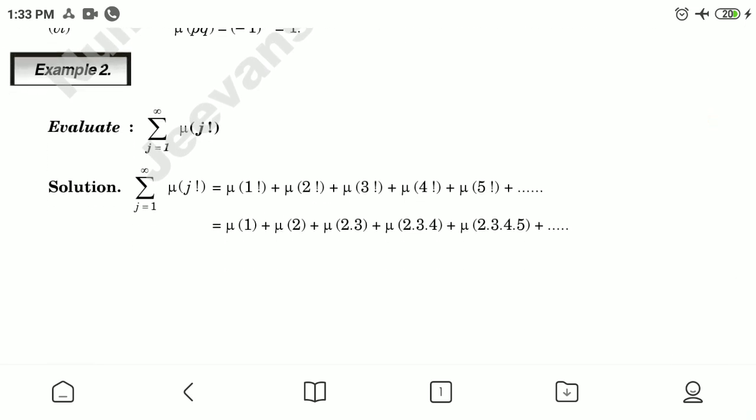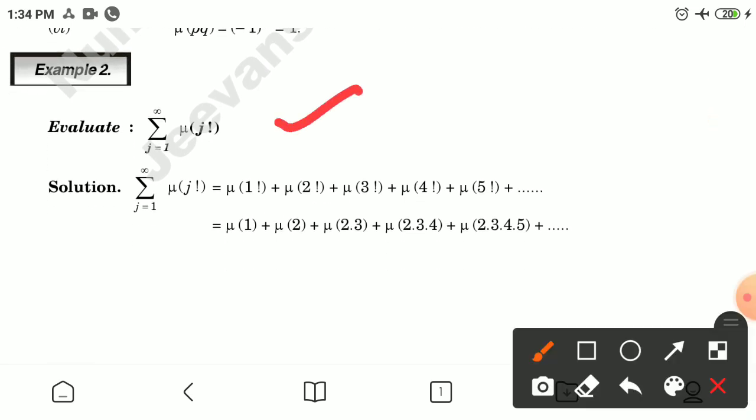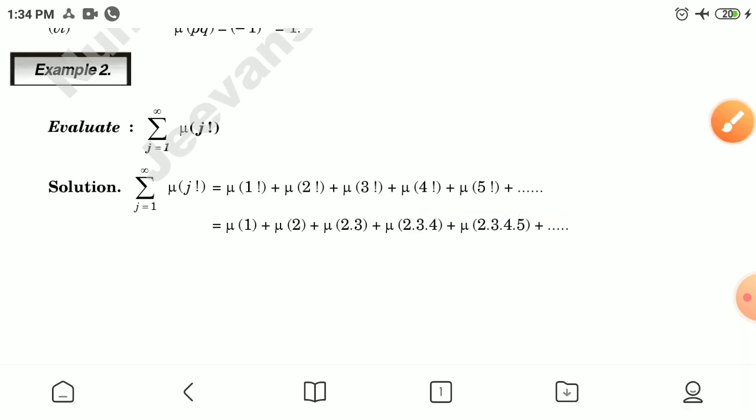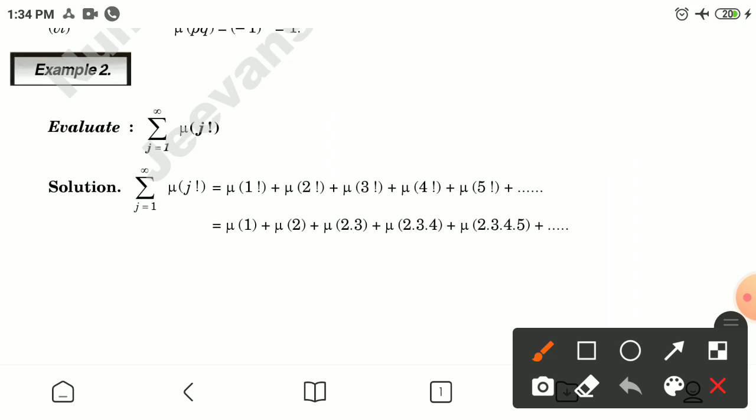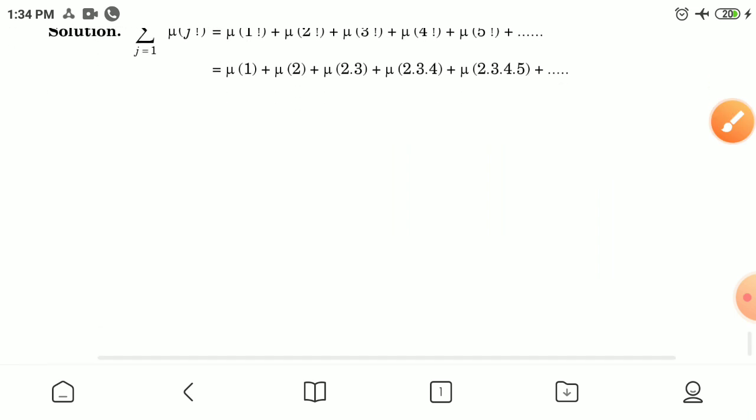Example second, evaluate the summation of μ(j!), j is from 1 to infinity. The solution is that the summation of μ(j!), j from 1 to infinity, is written as μ(1!), μ(2!), and so on. Therefore μ(1), μ(2), μ(2 into 3), μ(2 into 3 into 4), plus μ(2 into 3 into 4 into 5), plus so on.